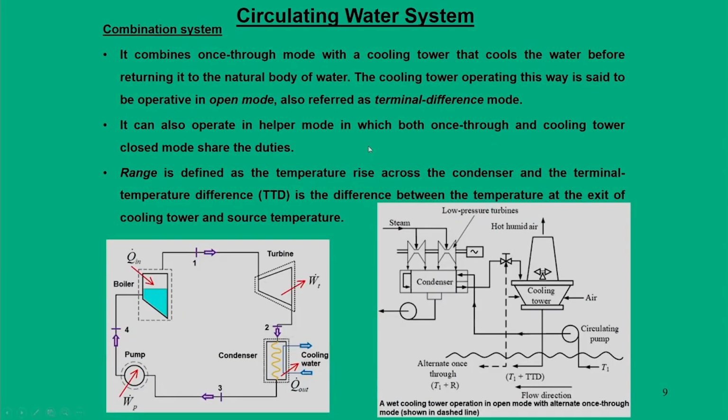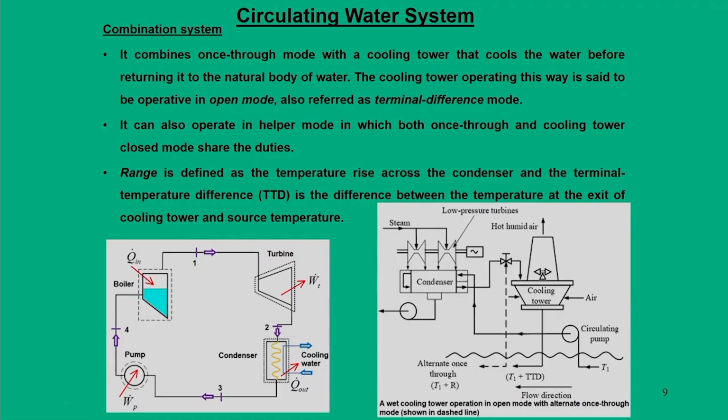Now, a combination system operates in both modes, like once through mode, or it can be operated in a closed mode. What we have as an extra device here is a valve, and that valve operates in such a way that if the water has to be discharged directly to the water bodies, then this valve becomes operational, and we run this system in a once through mode.